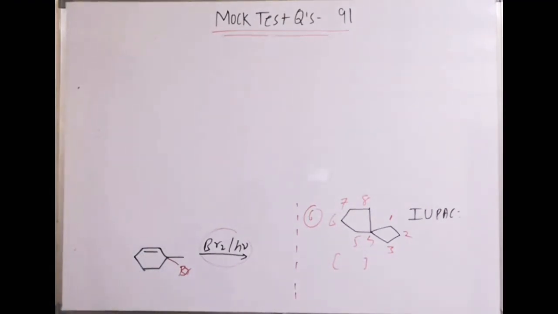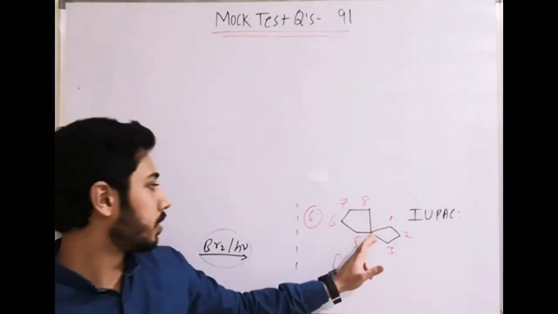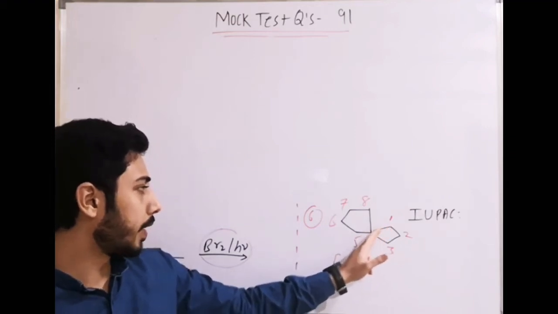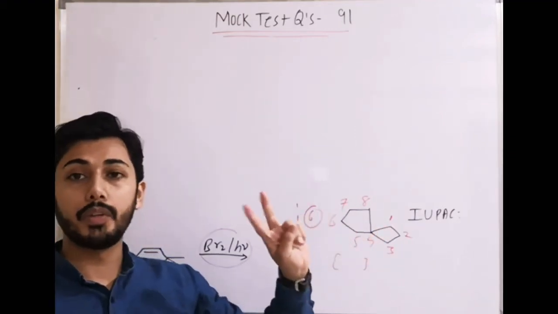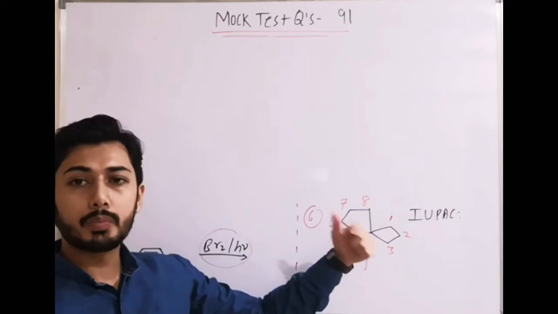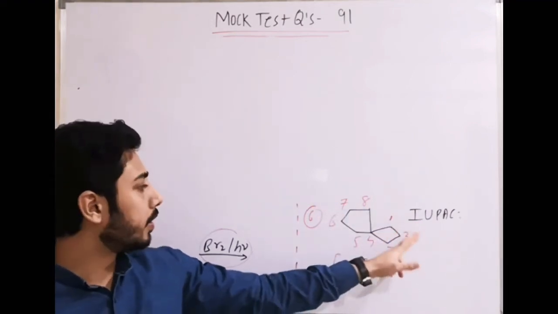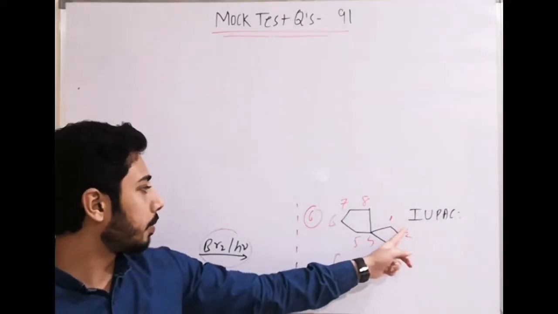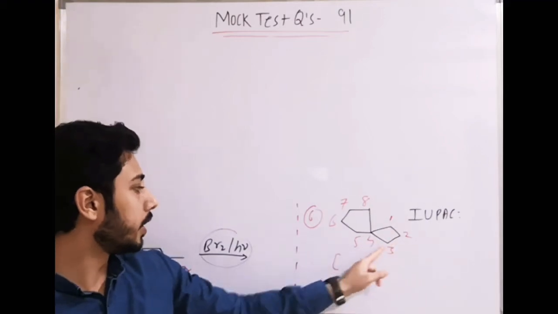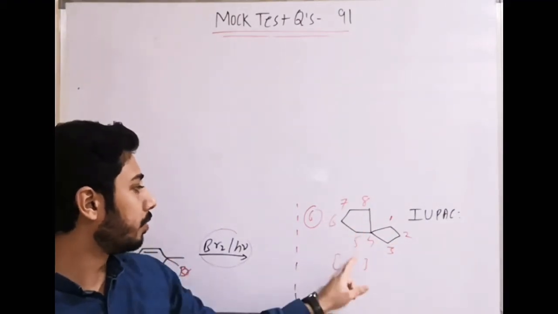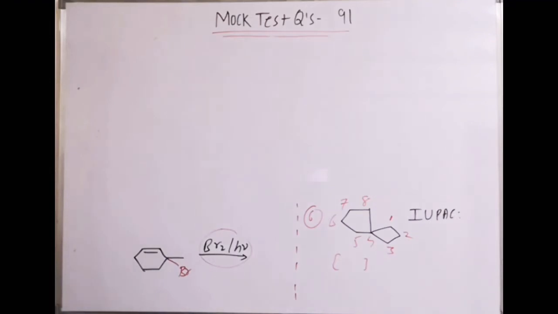Yes, it is covered. So always numbering starts from the atom adjacent to the spiro atom, which is shared between 2 rings, and we always proceed through the smaller ring first. So 1 2 3, spiro. How many carbons in the smaller ring? 1, 2, 3. So [3.4], and then 8 carbons, octane.